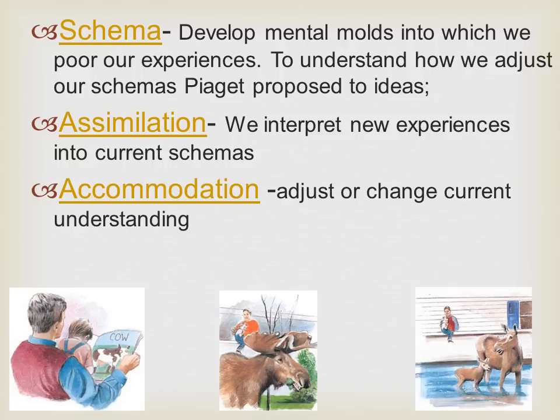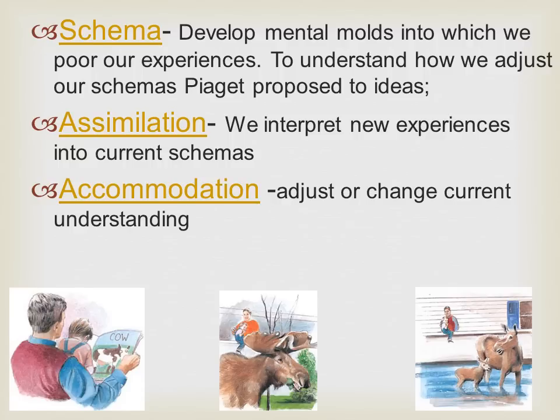Accommodation is when you adjust the understanding and create a new schema, essentially. So here's our little example with Johnny down there. Johnny's dad's reading him a book about a cow. He doesn't have a schema for a cow, so he develops a schema for a cow, which is a 4-legged animal that maybe goes moo. Johnny's dad then takes him to the zoo.